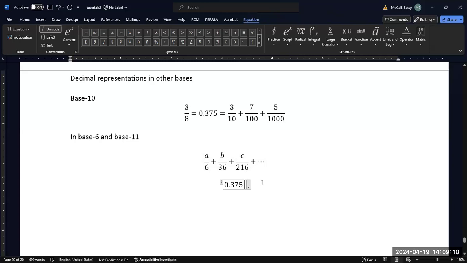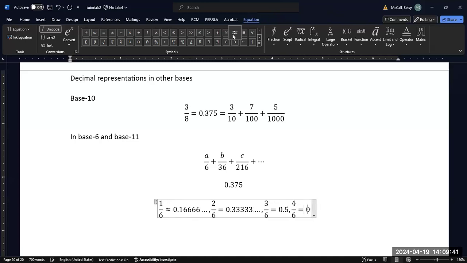So again, it might be useful to think about these decimal representations. 1/6 is 0.1666666. 2/6 is 0.33333. 3/6 is 0.5 in decimal form. 4/6 is 0.66666.